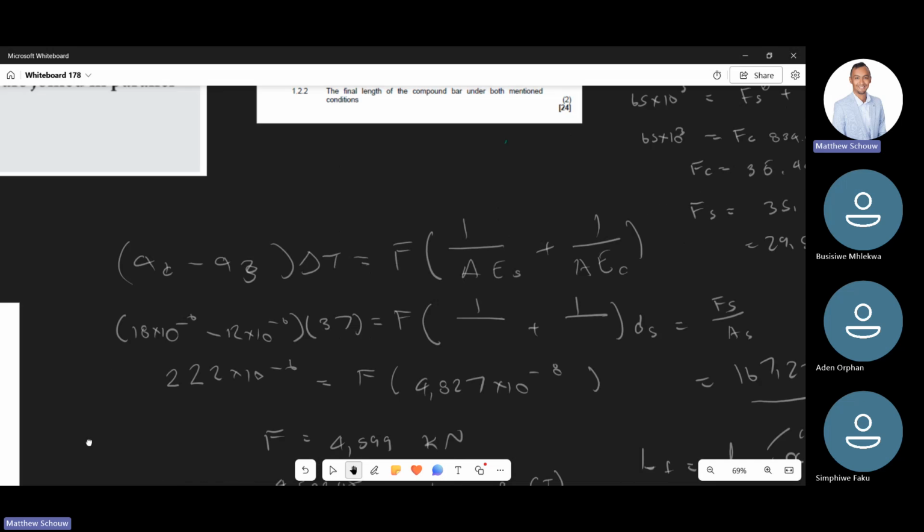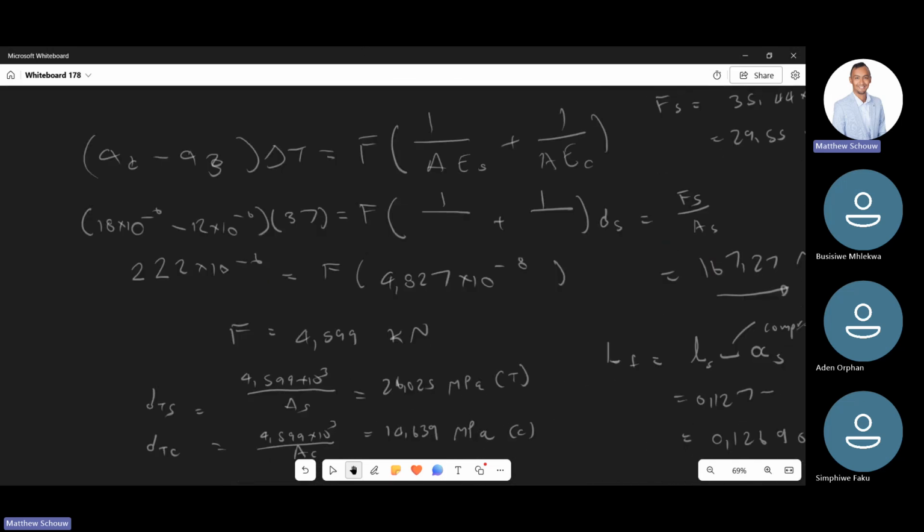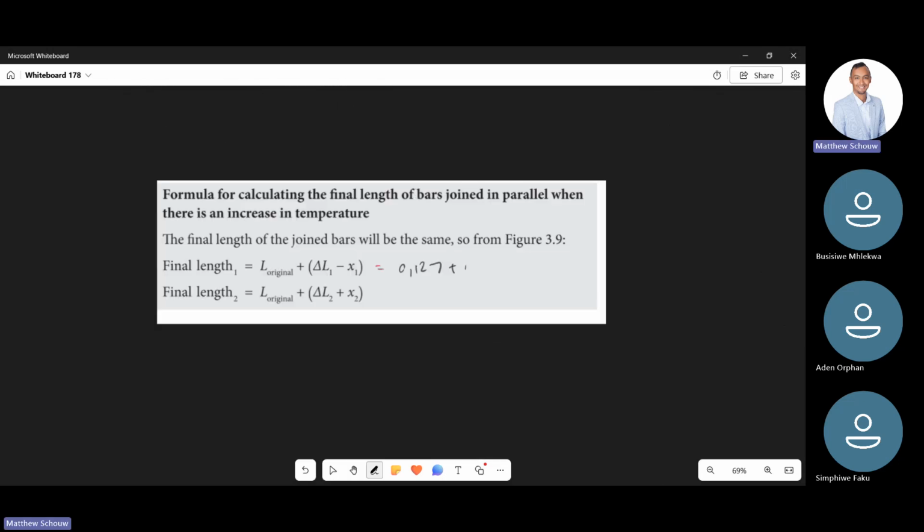You guys just read the values to me. Steel is 12, okay? So 12 times 10 to the negative 6 times the length, 0.127, times the 37 degrees. Then remember, now we must minus x, which is essentially FL over AE.